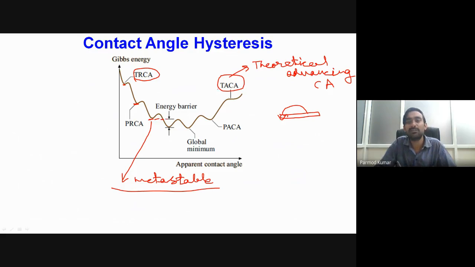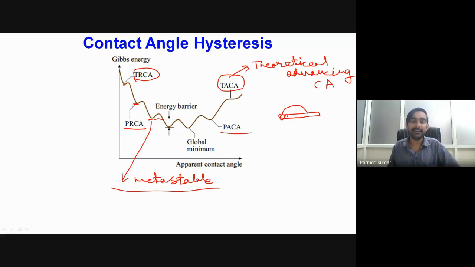So instead of resting at the theoretical maximum apparent contact angle, it crosses some energy barrier and reaches the closest next local minima. Whatever the closest next local minima we reach, that value is referred to as the practical advancing contact angle. Similarly we have the practical receding contact angle.